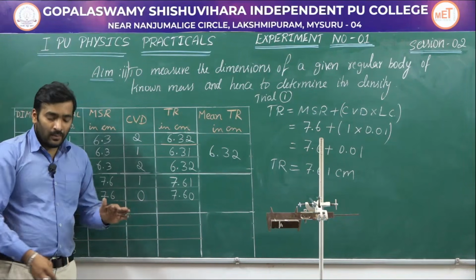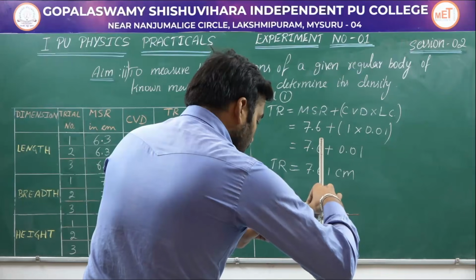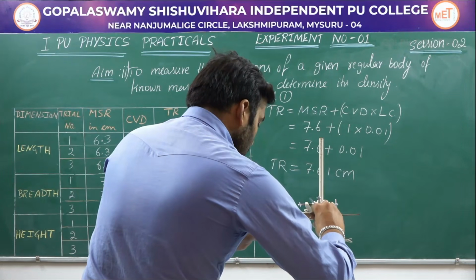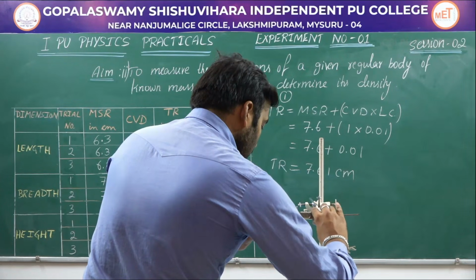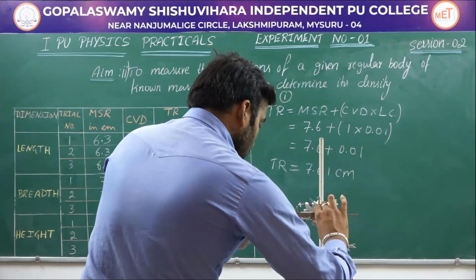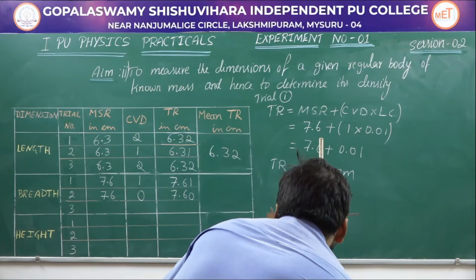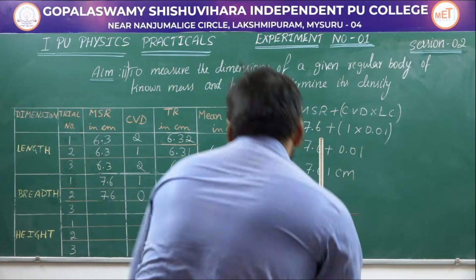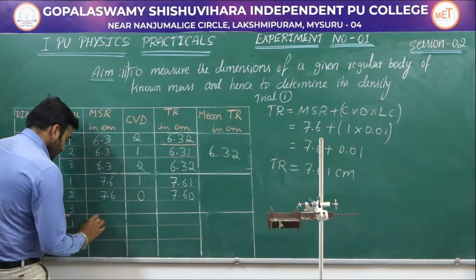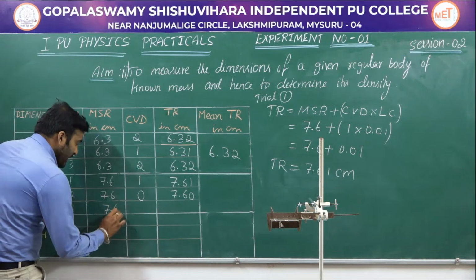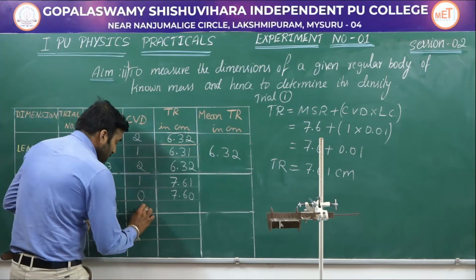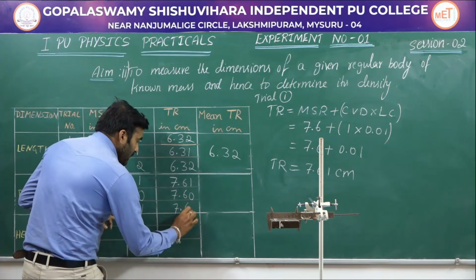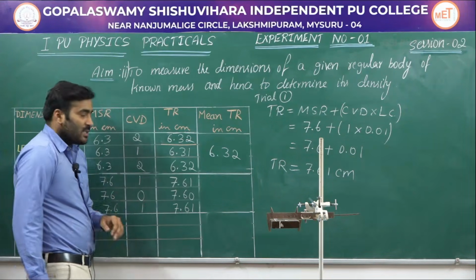I will be slightly changing the position to the edge and let's find out. The main scale reading is 7.6 and the CVD is 1 in this case. Let me tabulate this. Therefore, the total reading will be 7.61 centimeter.